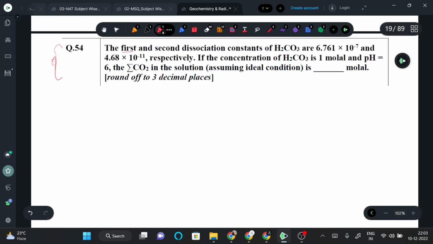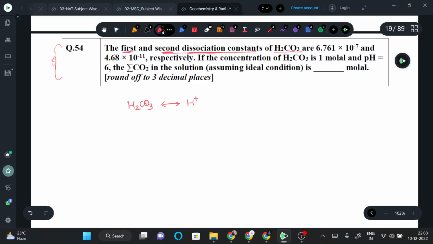Here we have the first and second dissociation constants of H2CO3. Dissociation constant is when it is dissociating, like H2CO3 will break down to form some compounds. It will break down in two steps to get the final individual compounds. That is why we have a first constant and a second constant. So I will write it over here straight away. H2CO3 will break down into H plus.